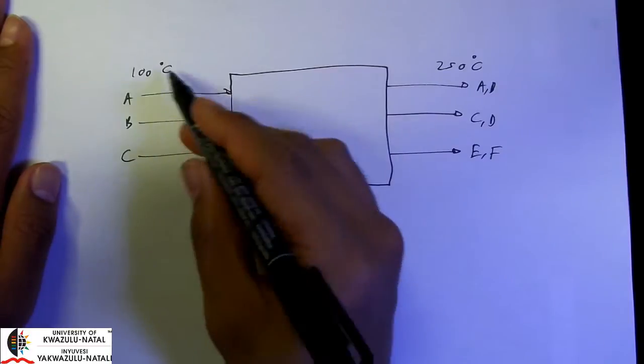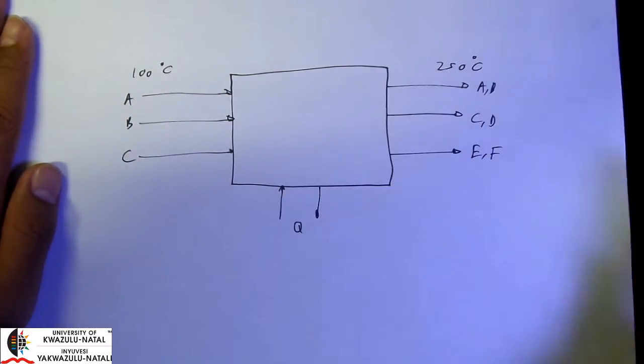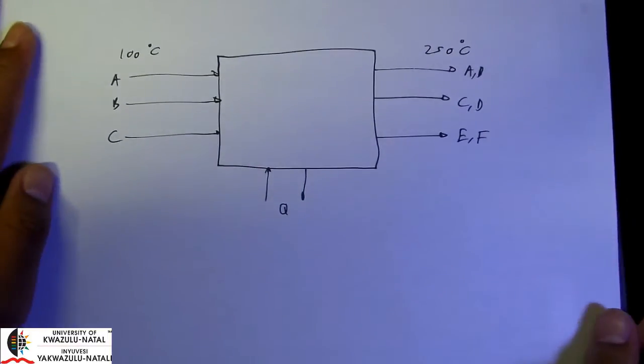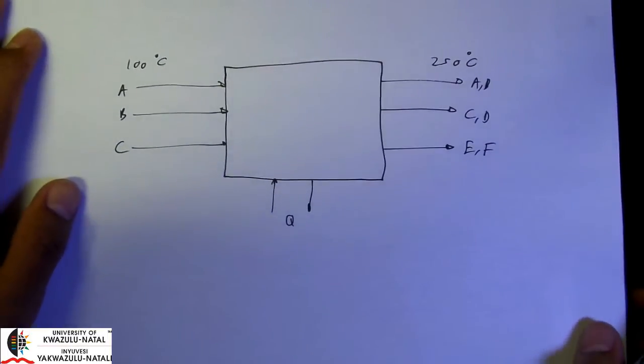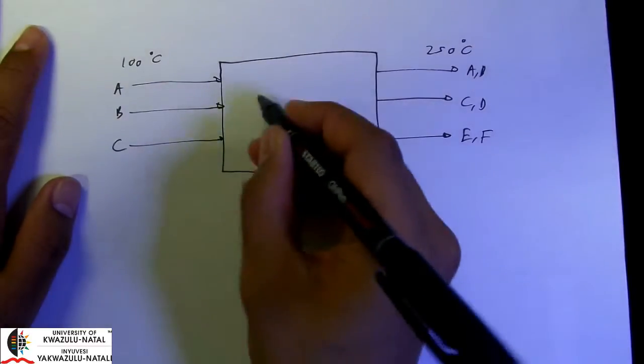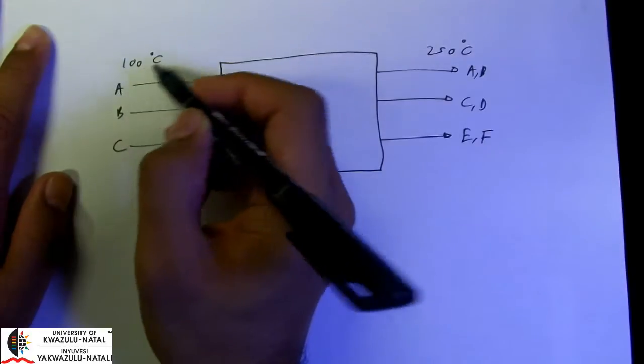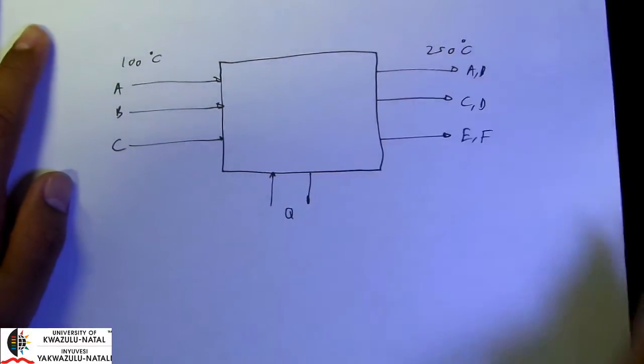Now we have our enthalpy at 100 degrees, and we can express our enthalpy in the form of any temperature that we like. Our reaction need not be expressed in terms of 100 degrees or at 250 degrees.